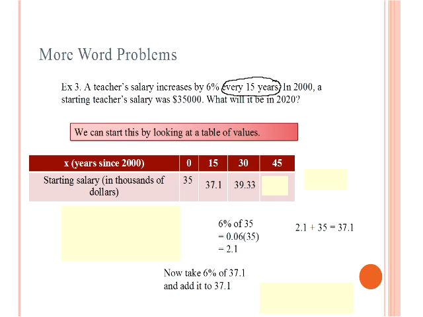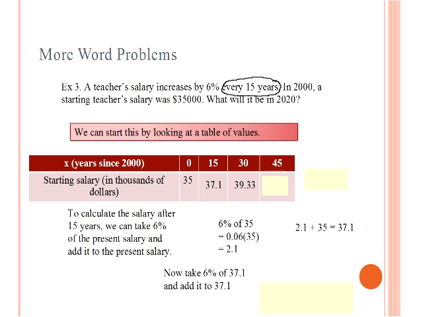This gives us 39.33. And in fact, you can see that I will always do the same thing. I'm going to take 6% of this new value and add it to that value. So here's the data table, which means in 2045, a starting teacher will be making $42,000.